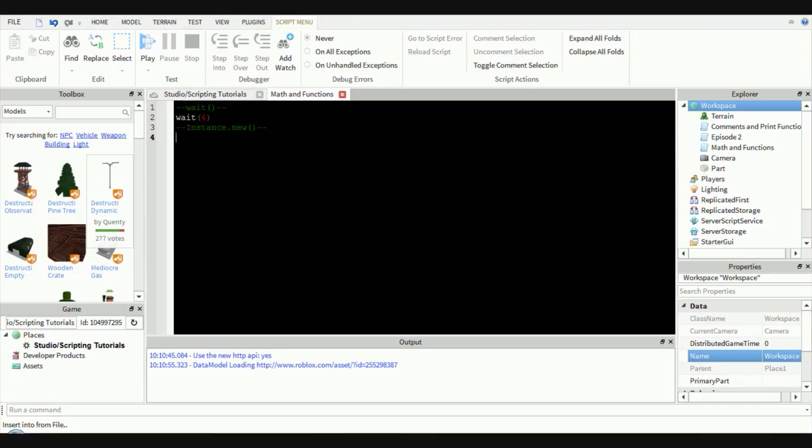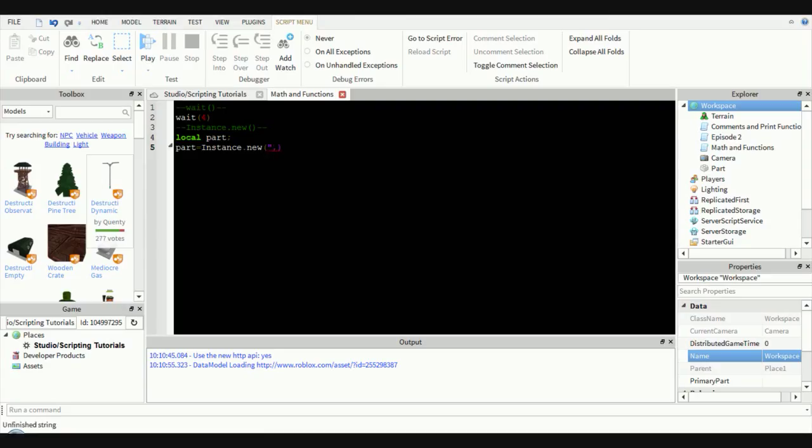So let's define a variable, local part equals instance.new, and then there are two parameters you can put. It's this one right here. The one after the comma is the parent, and the one before is the instance type.